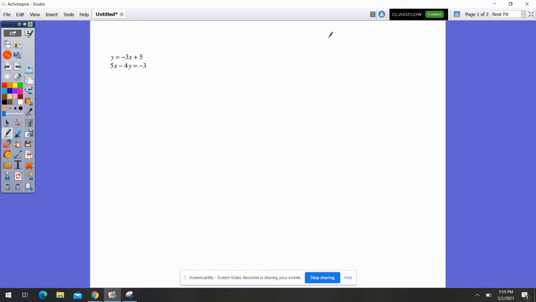So the first thing you always want to think of is which variable is isolated. Okay, that's the first thing. Meaning by itself. So if I take a look, I notice that in the first equation, y is by itself.